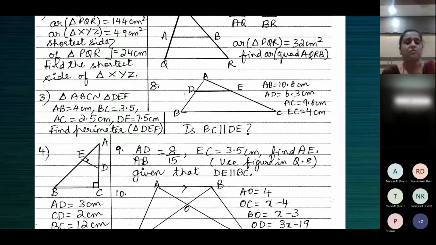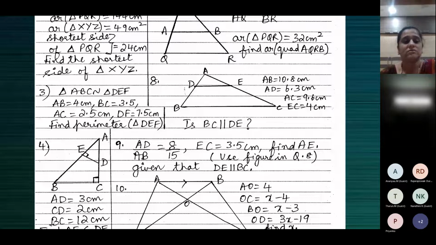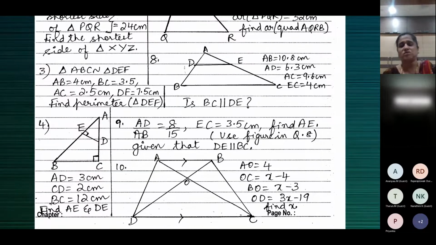What about perimeter? Okay, this you can learn. This area is different. Now see here, similar to the second one, the two triangles are similar, and you're given some sides. You must find the perimeter of triangle DEF. In two similar triangles, the ratio of the perimeters is the same as the ratio of the corresponding sides.